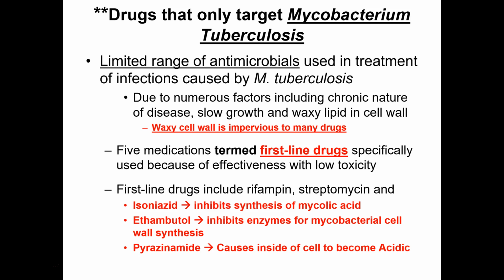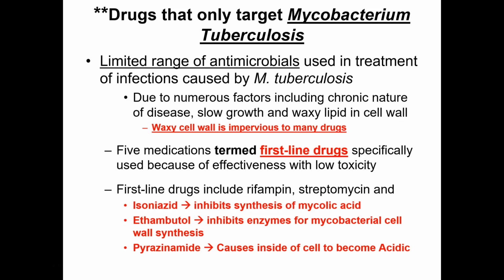Rifampin, rifamycin, whatever you want to call it, that's the one that causes red man syndrome, the anti-transcription antibiotic. Now, the other 3 are unique to tuberculosis. Isoniazid and ethambutol, those drugs are a select few that interfere with that waxy layer. So you can only take those for tuberculosis, maybe leprosy.